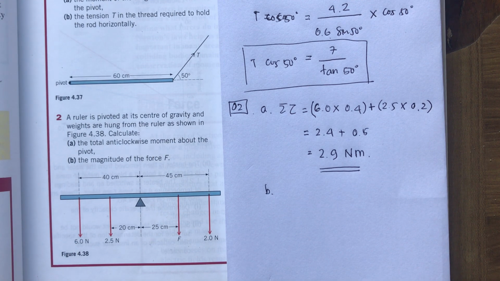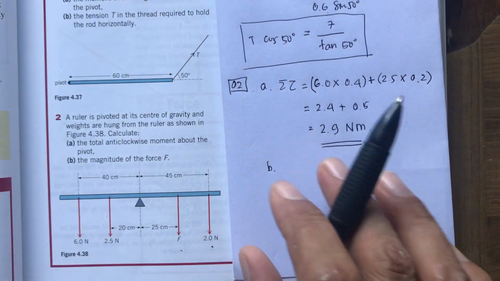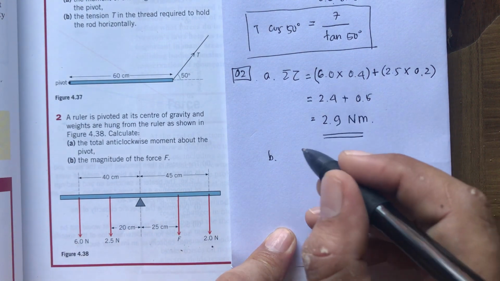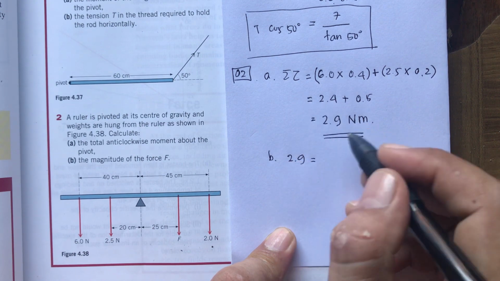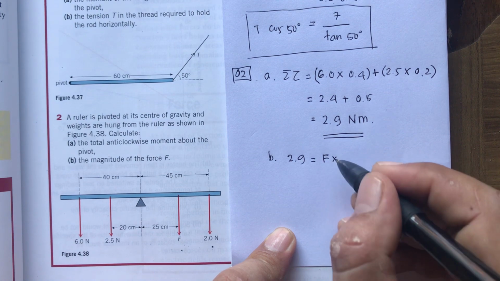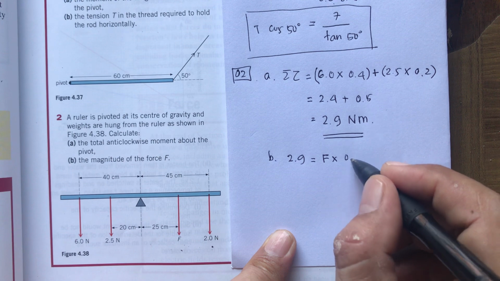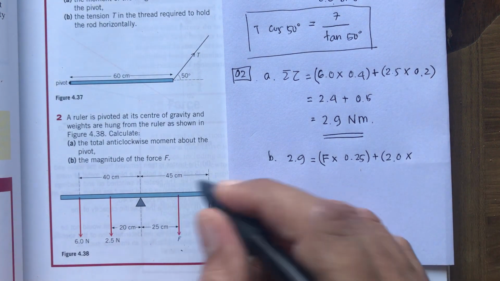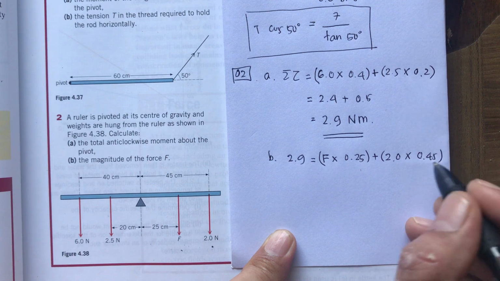So question B is the magnitude of force F. F and the 2.0 newton are clockwise, and the total moment equals 0. It means the total clockwise moment is equal to the anti-clockwise moment. So 2.9 as the anti-clockwise moment equals force times 25 centimeters, which is 0.25, plus 2.0 times 0.45 meter.